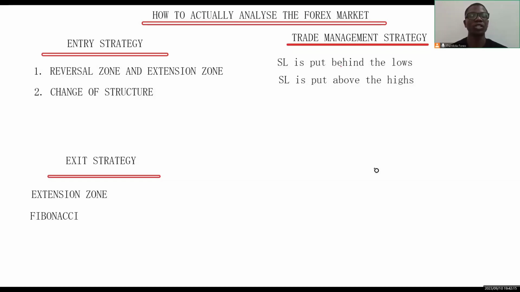So let's go over to the chart and let me show you real life examples of what we do and how I'm able to apply all of this into management of my trades and into picking a high probability trade.